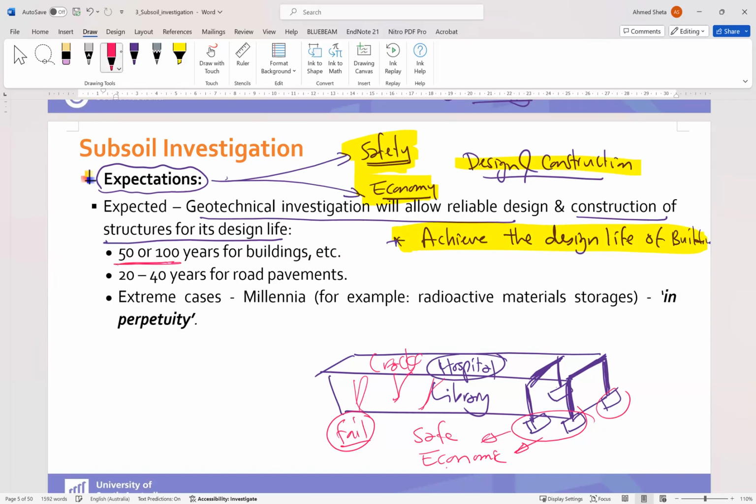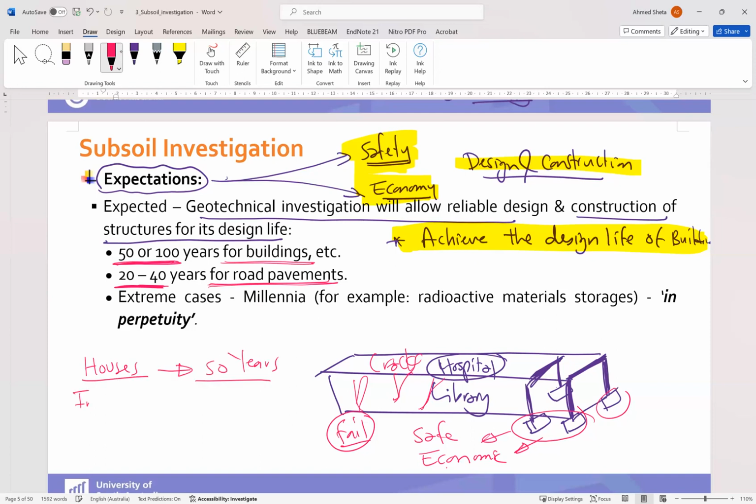any building to be designed has a design life, or should live for a certain period. For example, a normal building like houses and so on is designed for 50 years.